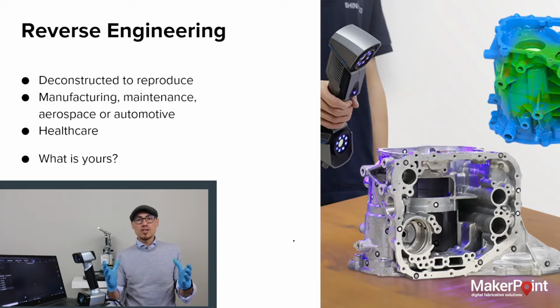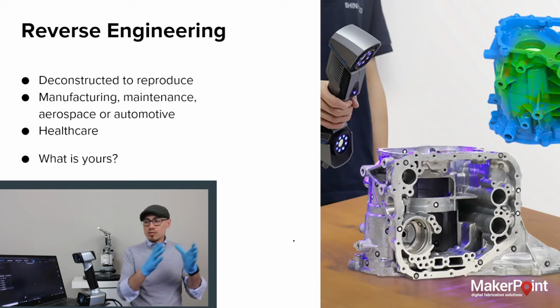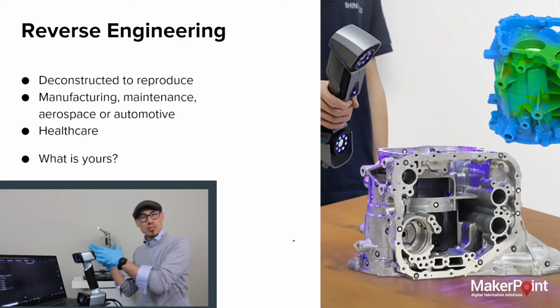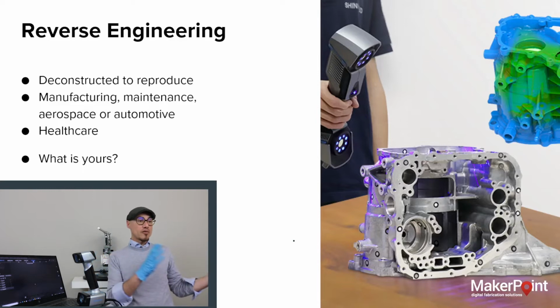Very often, most of the time, we have to deal with spare parts. So broken parts that need to be fixed and reproduced, especially if they are from automotive in the 60s. We can imagine that there are no designs, but we do have the physical parts. So we can reproduce them with 3D scanning.